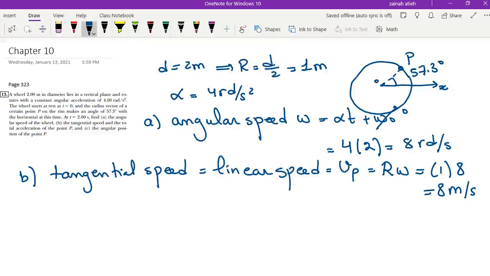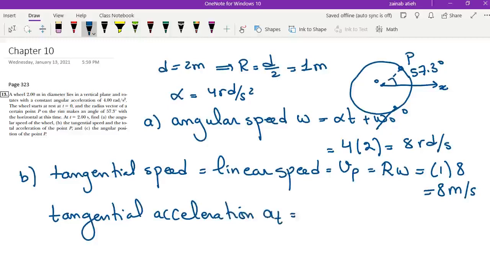Let's start with the tangential acceleration, which is at, it's equal to r alpha. There's a relation between at and alpha, remember that. So at equals r alpha. R is 1, alpha was found to be 4, so it's 4 meters per second squared.